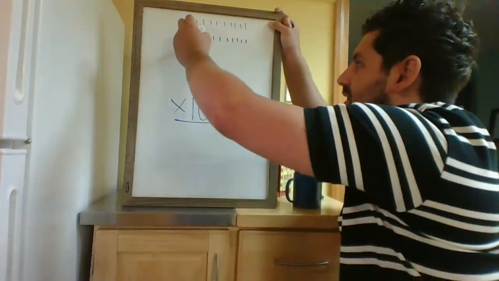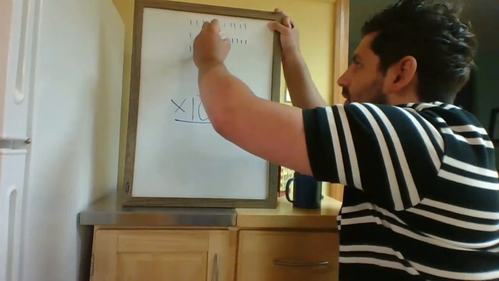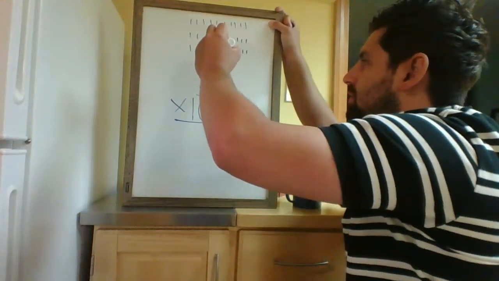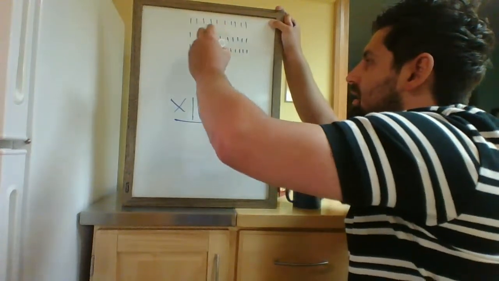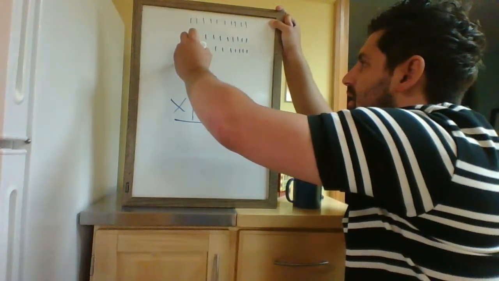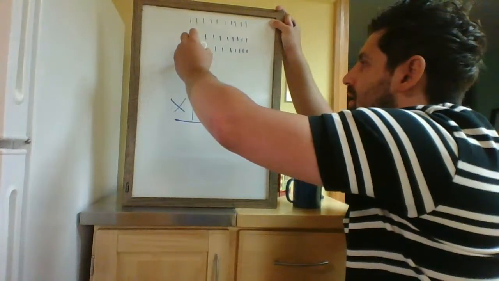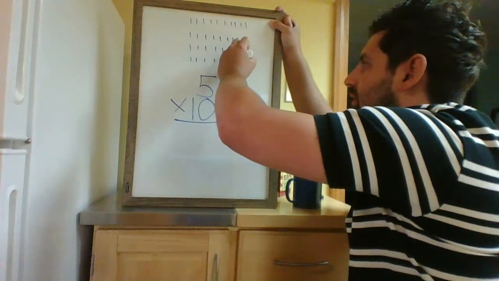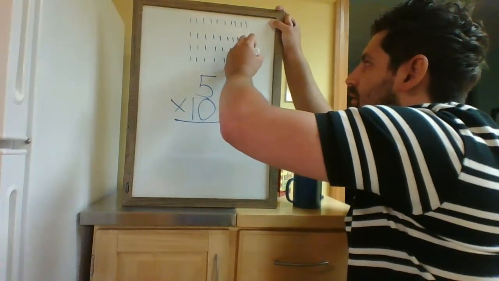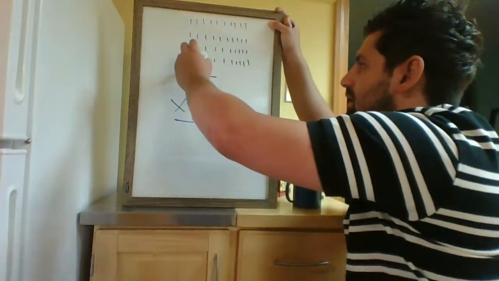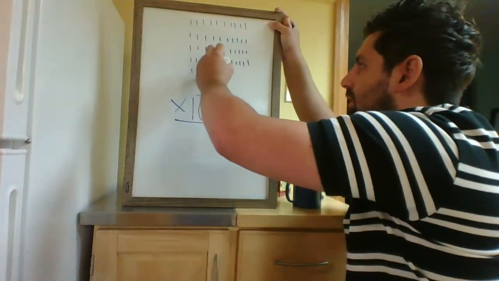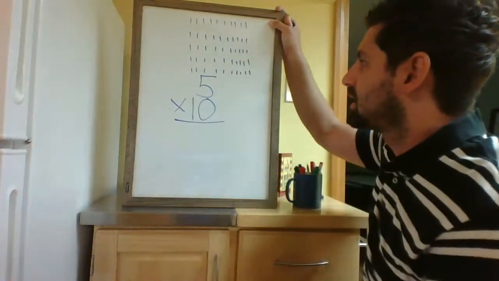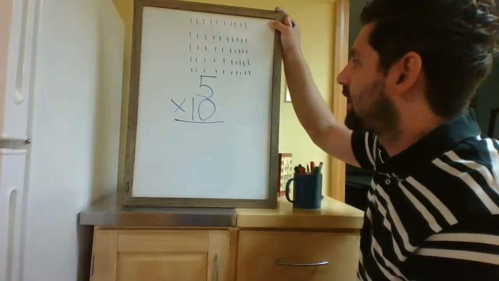That's 2 rows of 10. 21 through 30. 3 rows of 10. 31 through 40. 4 rows of 10. 41 through 50. So 5 rows of 10.